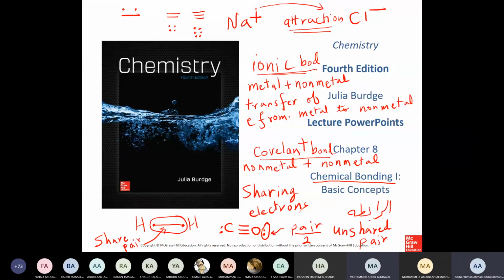Unshared pair. And this one, unshared pair. And these three together, what do you call them? Shared pair. Three shared pairs. Is this clear? Very good. Excellent.